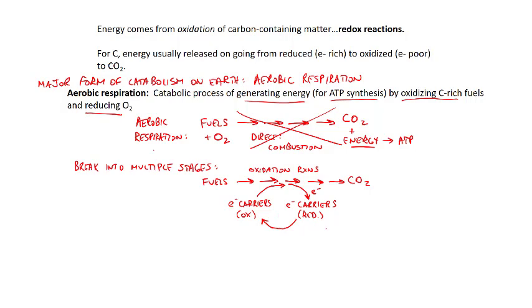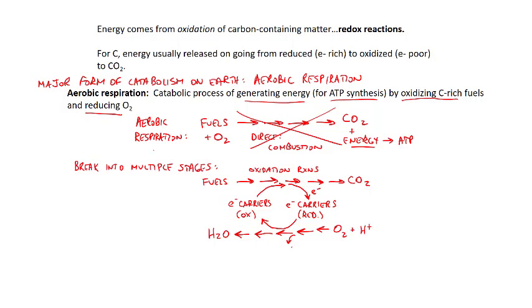What happens next is, again, in a series of reactions, oxygen picks up the electrons, and it becomes reduced, giving us water. You have to have protons there to balance it out because water contains 2 hydrogen.